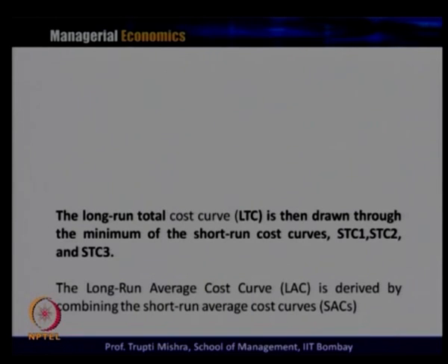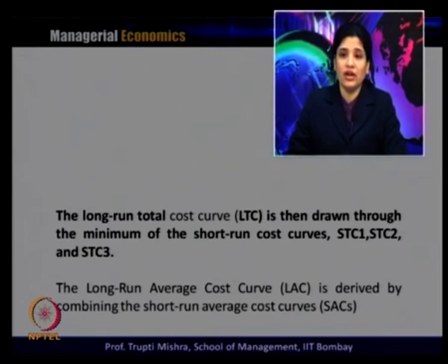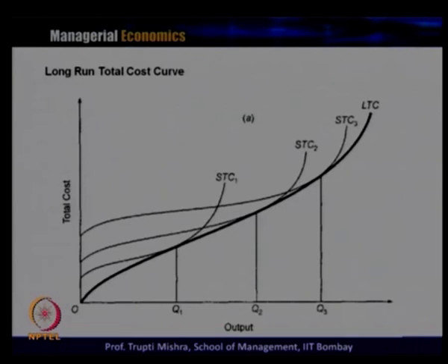Similarly, the long run average cost curve is also derived by combining the short run average cost curves. So this is the long run total cost, and this long run total cost curve is a combination of a series of short run cost curves.